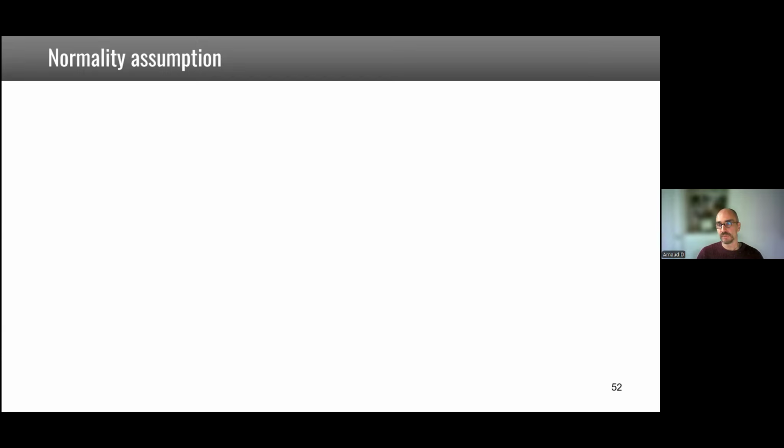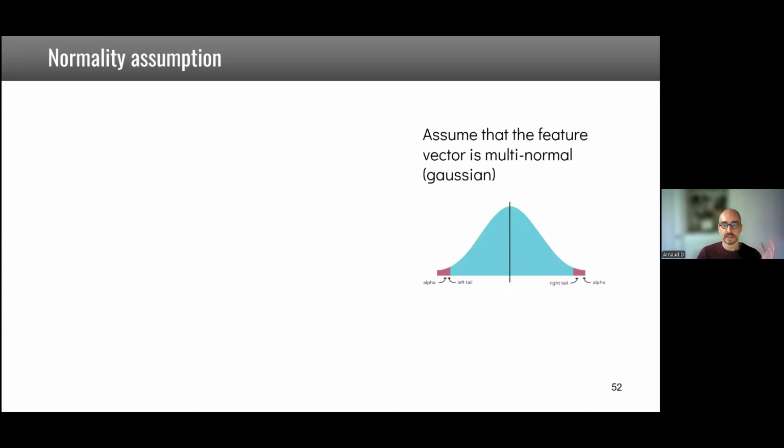So in this wooden bridge example, if you do that, assume that the feature vector, remember the dimension was 261, is a multi-normal variable, and I'm going to set a threshold, okay? So setting a threshold means that if I have a unidimensional Gaussian, I want to set a threshold here because I want to say that I have, for example, 99.9% confidence that this is not damage.